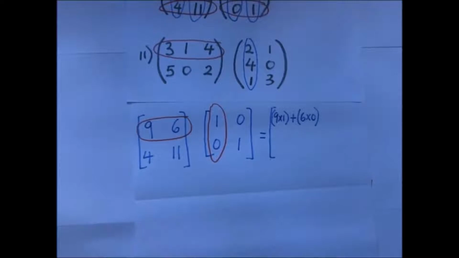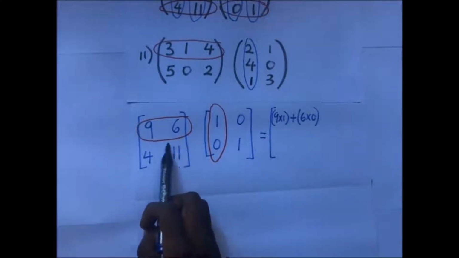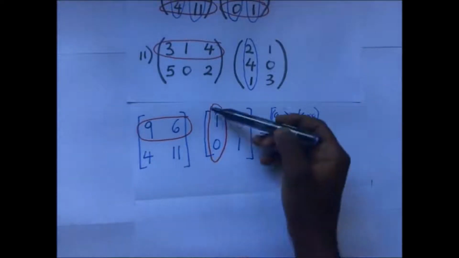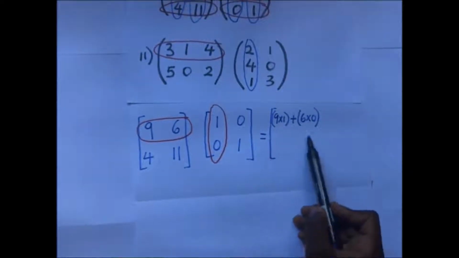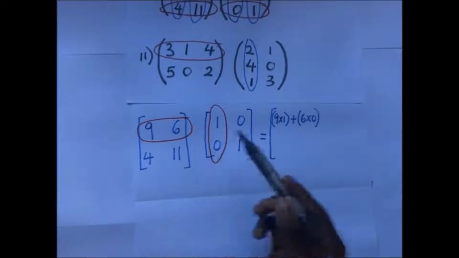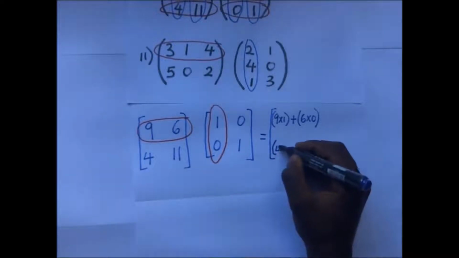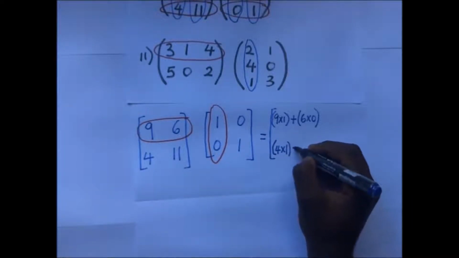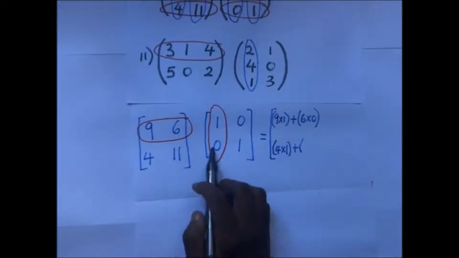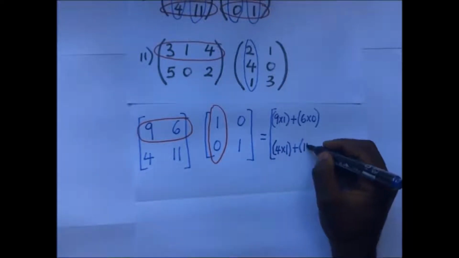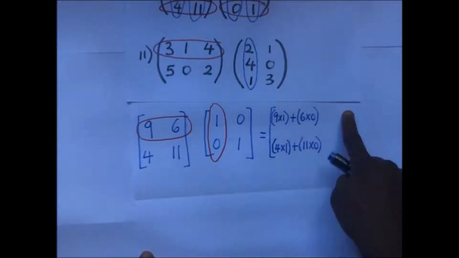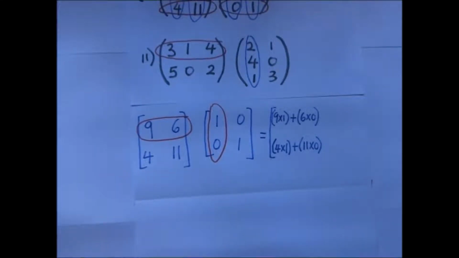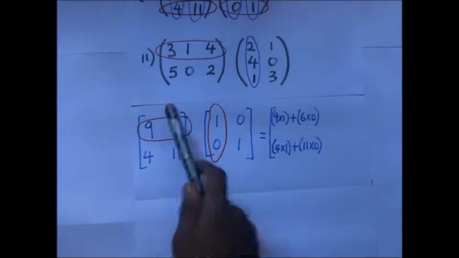Then we shall get to the next. We multiply this row by that column to get the term down here. So it's going to be 4 times 1 plus 11 times 0. So we get to this other term of the matrix. Again, we are going to multiply the upper part, the row, by that column.